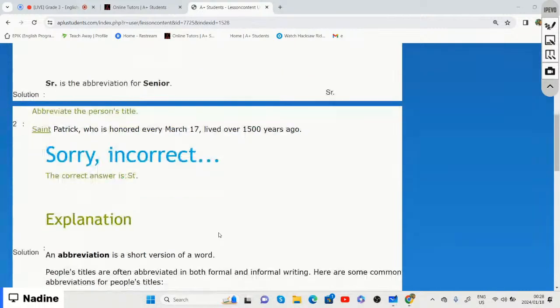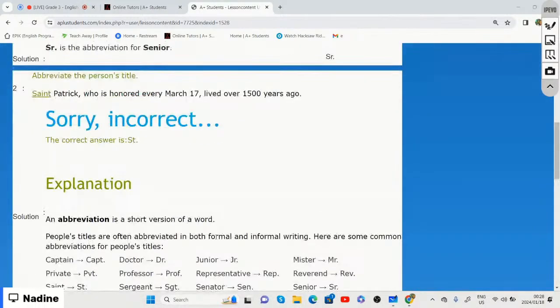All right. So now we are going to abbreviate the person's title. It says Saint Patrick, who is honored every March 17, lived over 1,500 years ago.